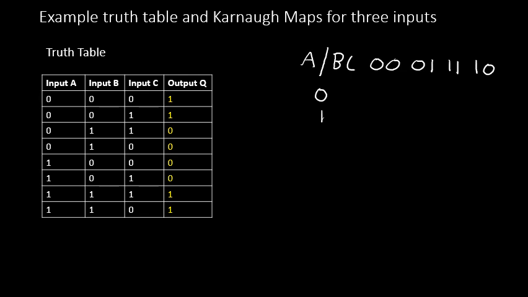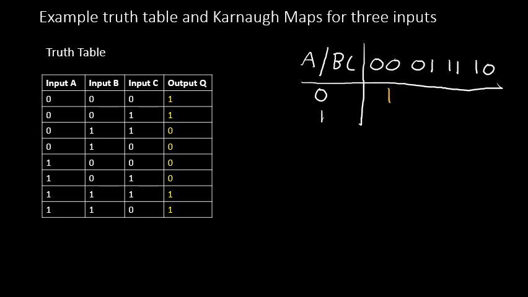Next, we're going to finish off our grid here. And we're going to put in our outputs, which we'll do in yellow again, just so we can distinguish between the inputs and the outputs. So first of all, we've got A is 0, B and C are 0, so our output is 1.